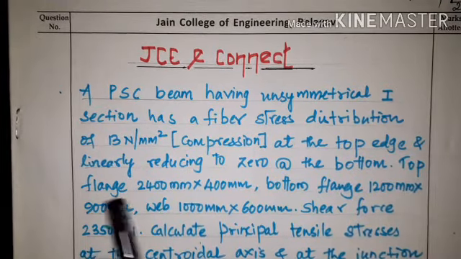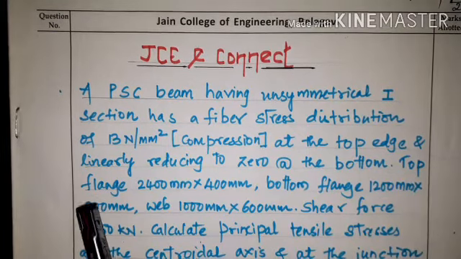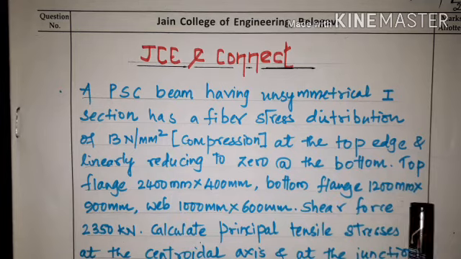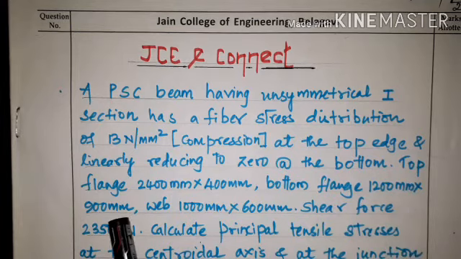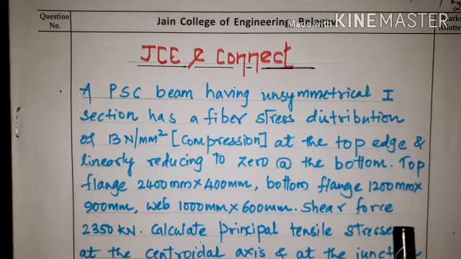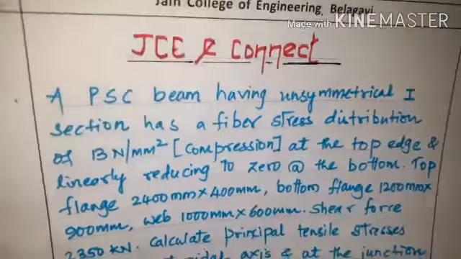The top flange is 2400 mm by 400 mm, the bottom flange 1200 mm by 900 mm, and the web is 1000 mm by 600 mm. The shear force acting on the beam is 2350 kilonewton.